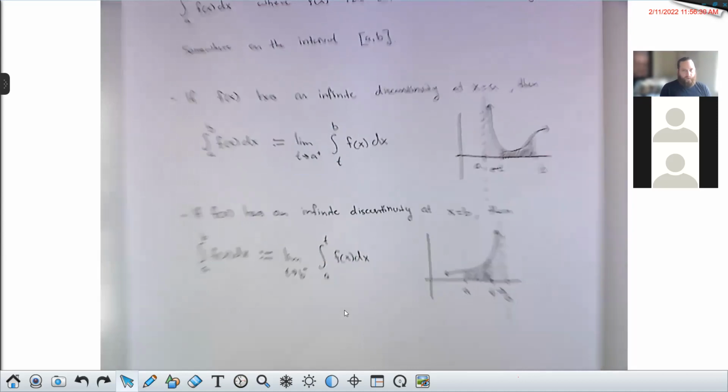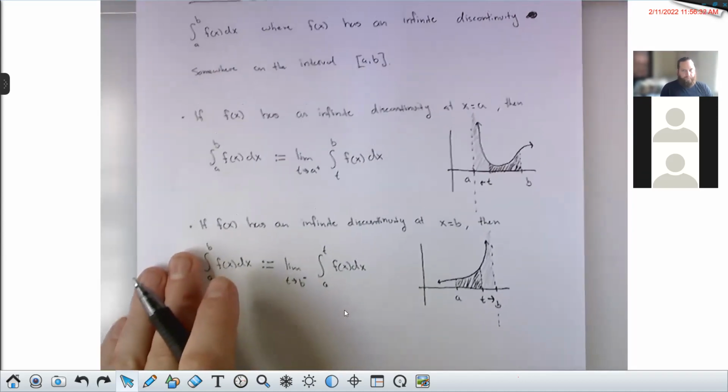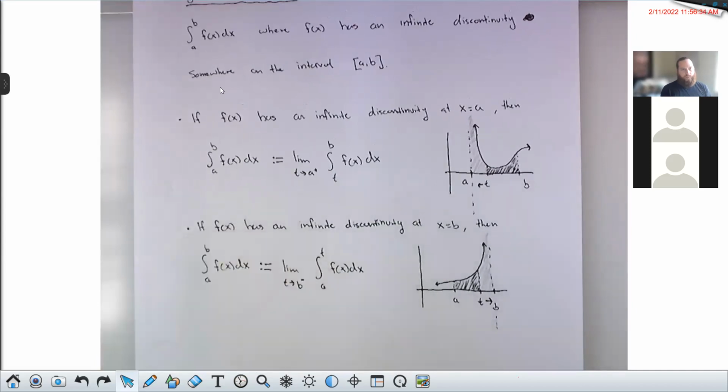There's a possibility we haven't covered here. Right, this type 2 improper integral is something like this, where f has an infinite discontinuity somewhere on the interval a b. Well, a and b are not the only two numbers in that interval. What if the discontinuity is somewhere in the middle?